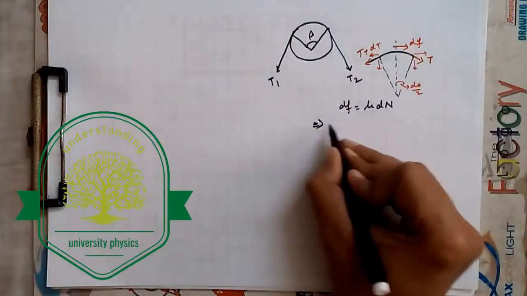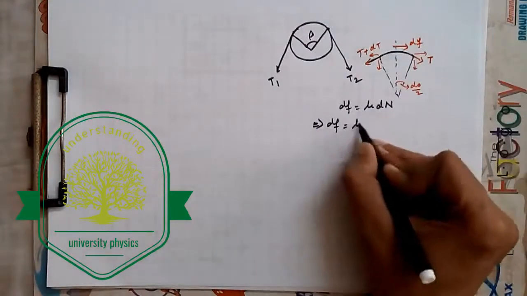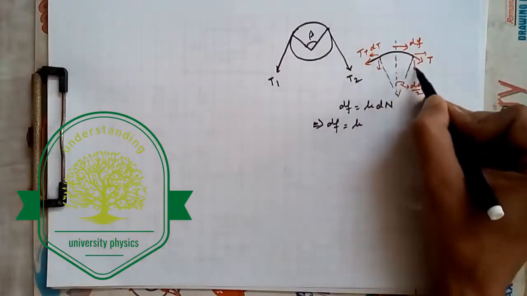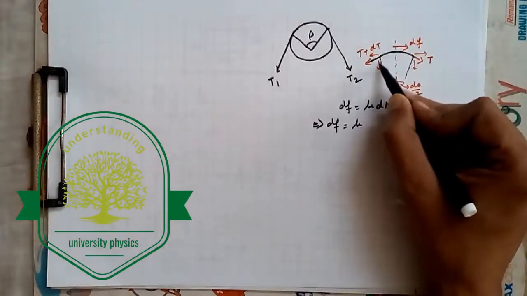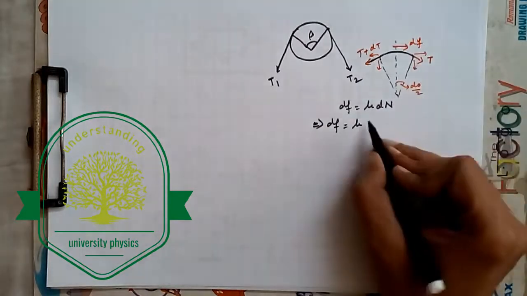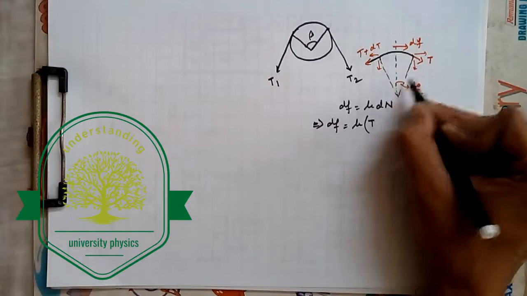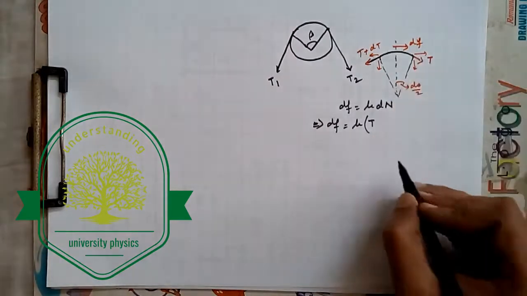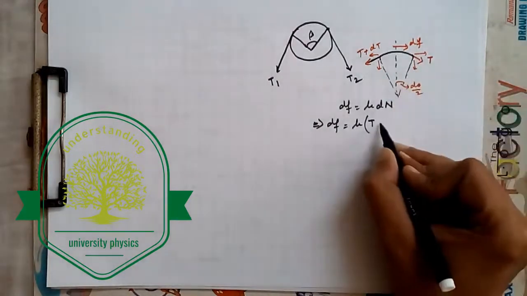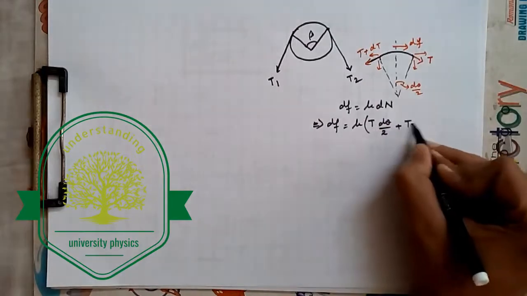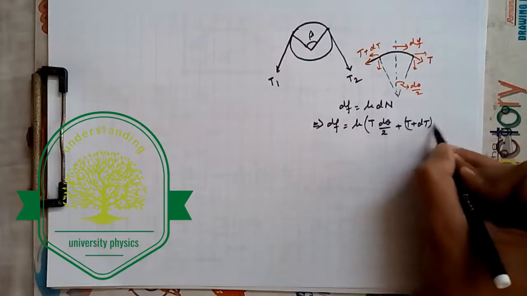And what is dN? dN is the sum of the sine component of T plus dT and the sine component of T. If this is d theta over 2, this is also d theta over 2. Therefore this component is T sine d theta over 2, which is just T d theta over 2 plus (T plus dT) times d theta over 2.